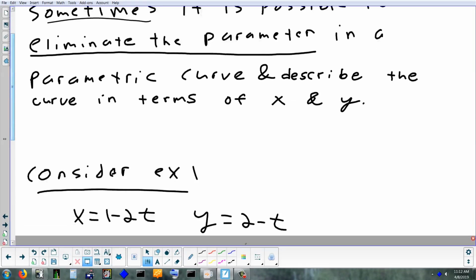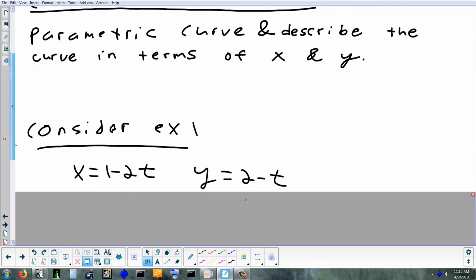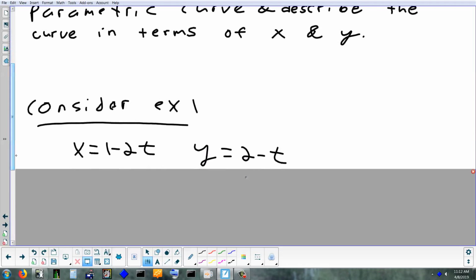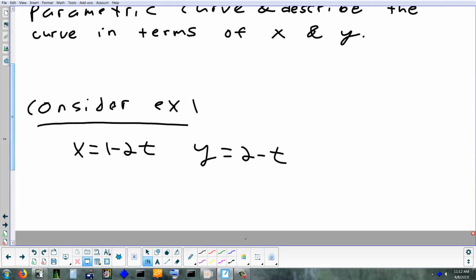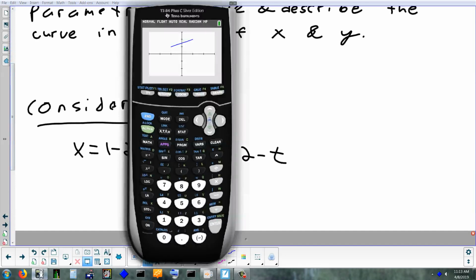So let's take the example we just had. X was 1 minus 2t, and y was 2 minus t. And I want to eliminate the parameter. So when I'm done, let's go back and look at the picture.